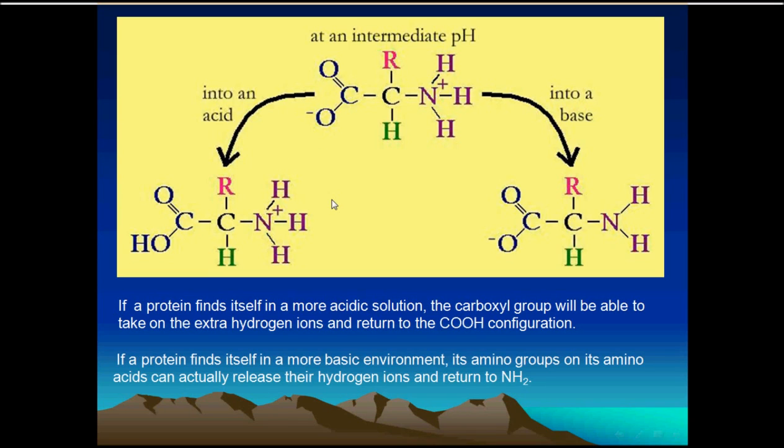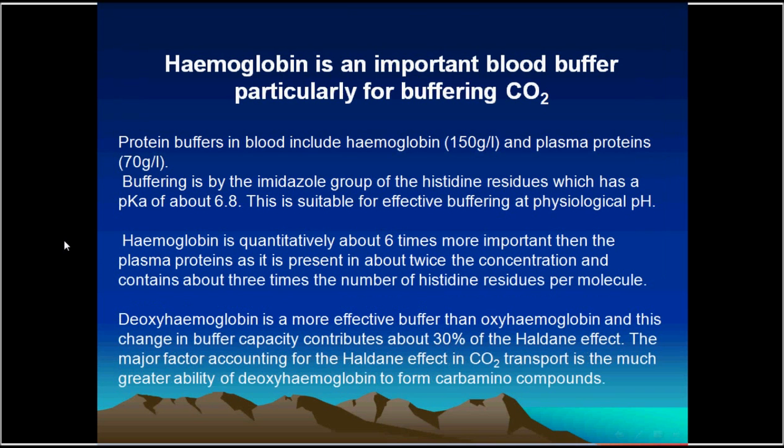In an alkaline media, the ammonium group will deliver this hydrogen ion to the OH- to be converted into water, and this will be converted into NH2. So this is the problem of the protein. That's why protein is present intracellularly, just to mask the hydrogen ion and deliver it again. So there is no renewal except if it is destroyed.